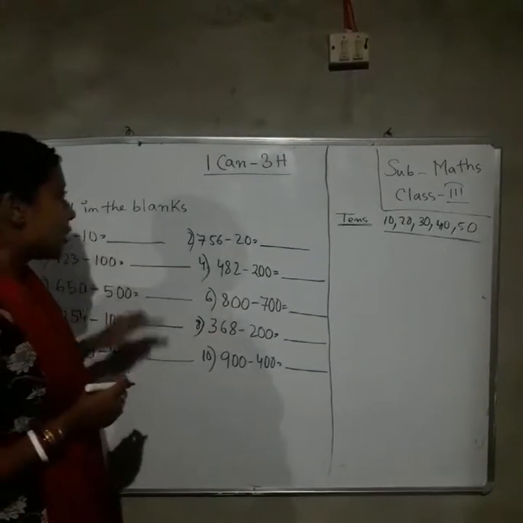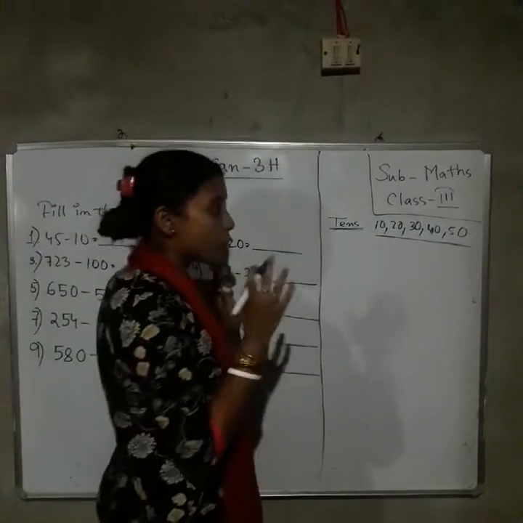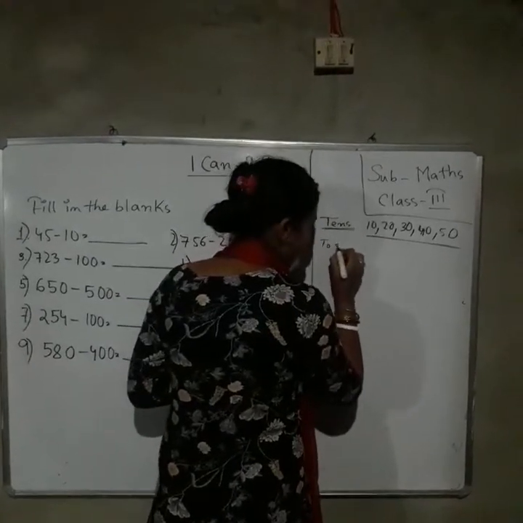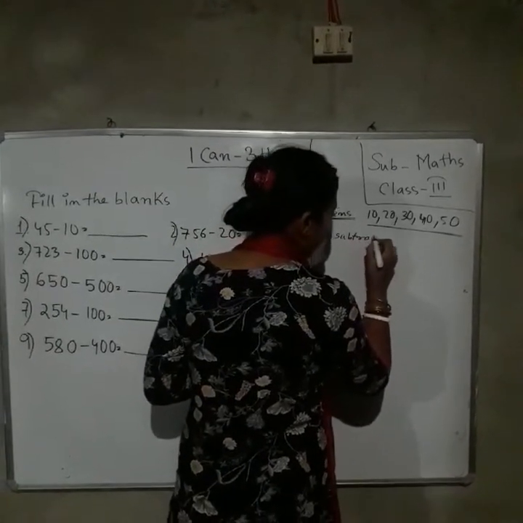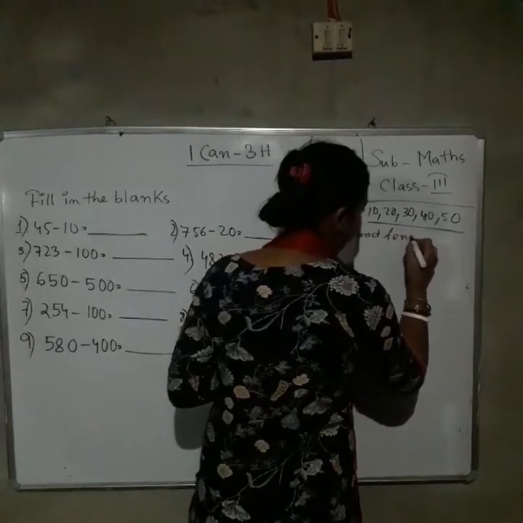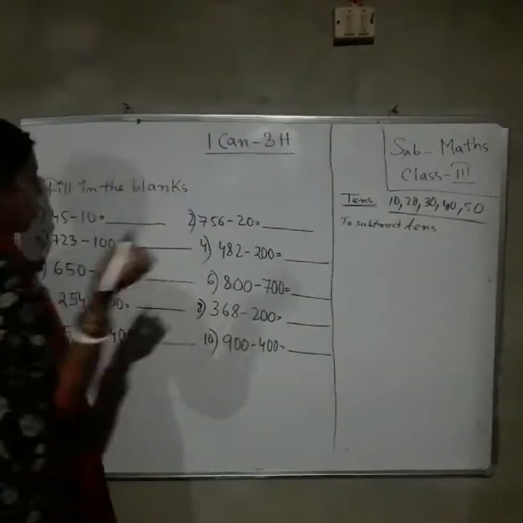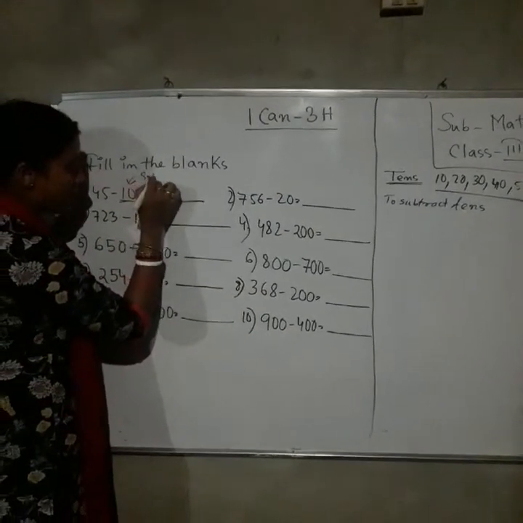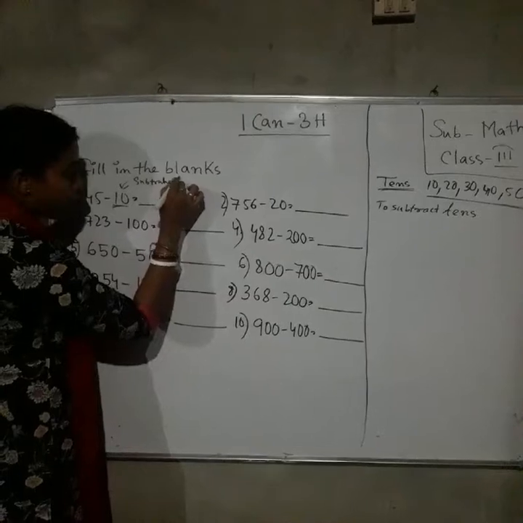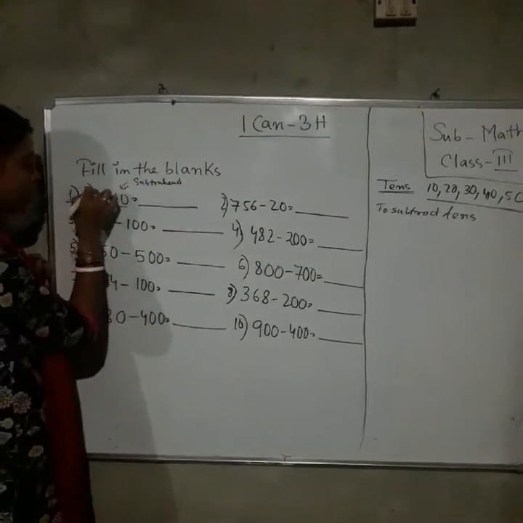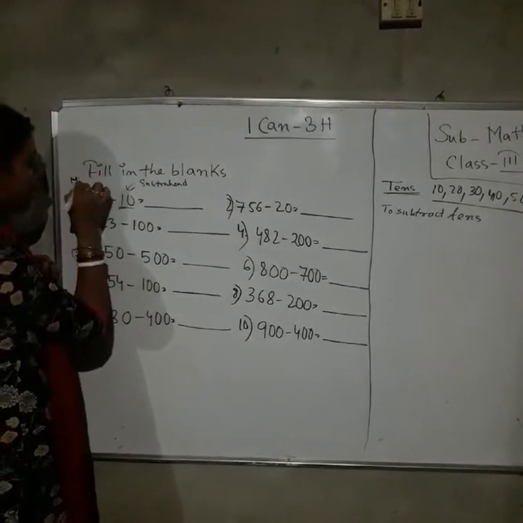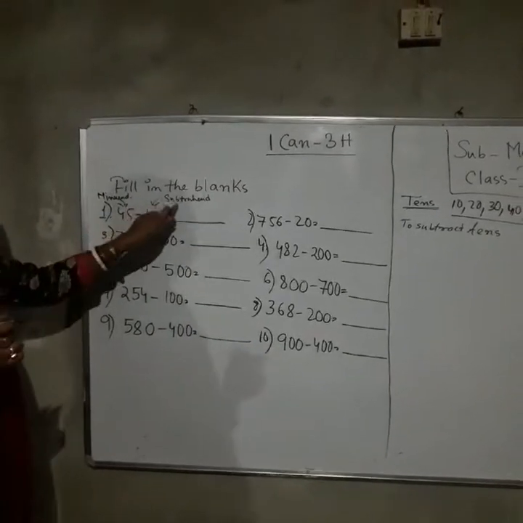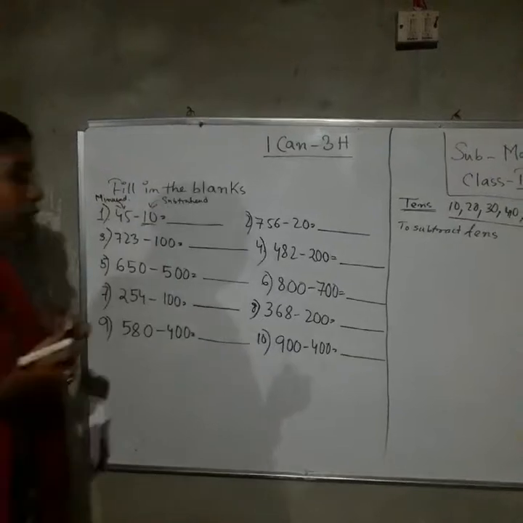Now here in 1 can 3h, to subtract tens, what do we do? Students, I hope all of you know this one is called the subtrahend, as I told you in the earlier classes, and this one is the minuend.